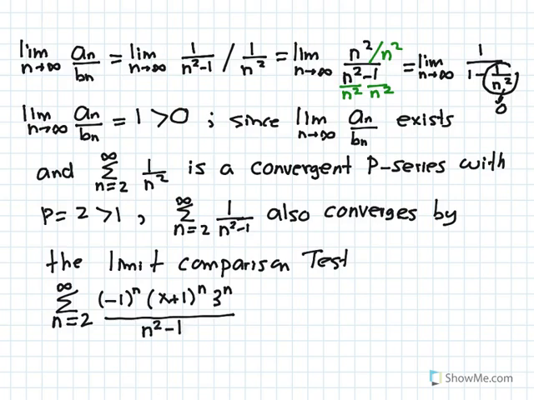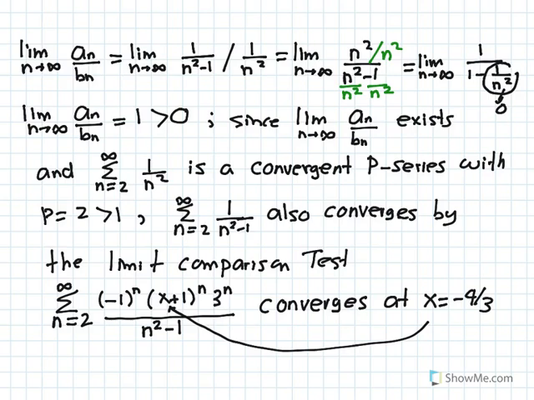What does it mean that it converges at the left endpoint? It means that if we plug the left endpoint, x equals negative 4/3, into this power series, we would have a finite sum. If you add up all these infinite terms, we obtain a finite sum. That's what convergence means, convergence at a value of x.